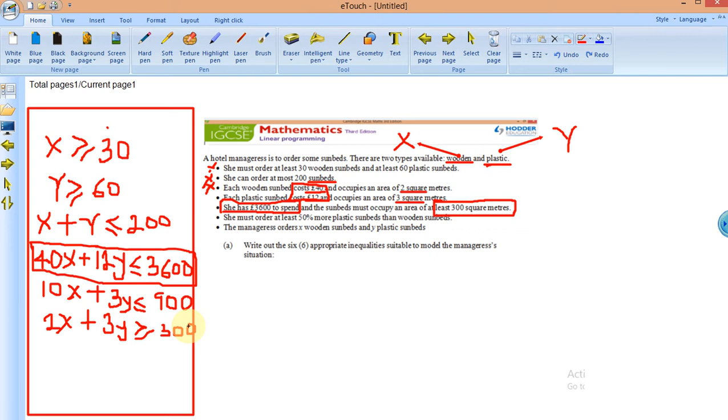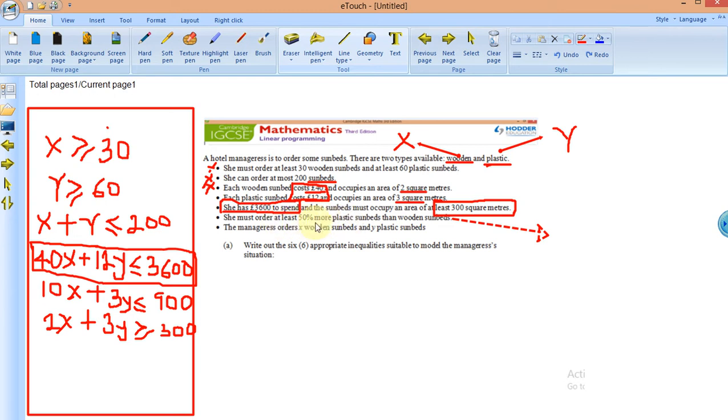Then she must order, guys. You need to listen to this explanation. I'm going to explain this one, then I'm going to express my inequality. Now she ordered at least 50% more.